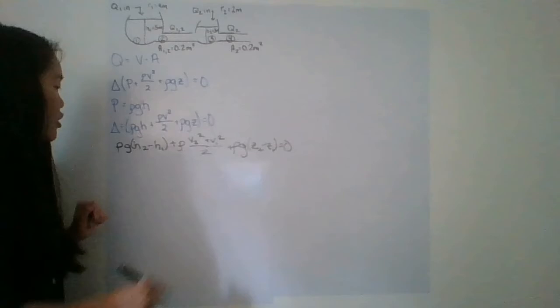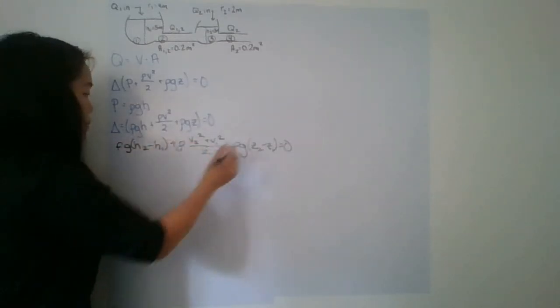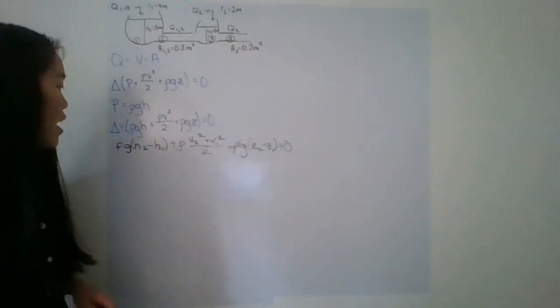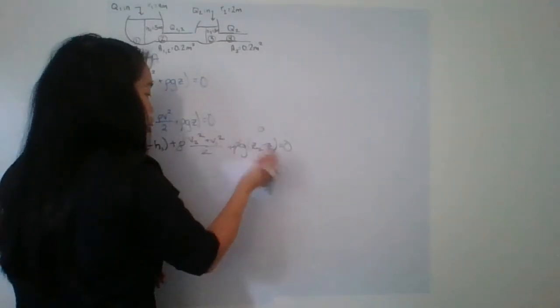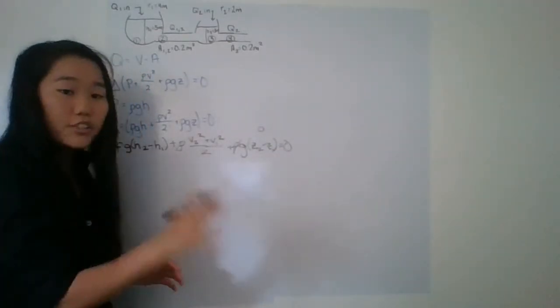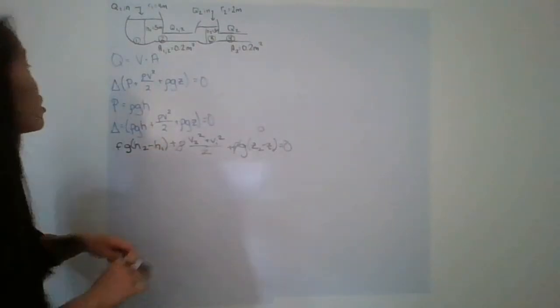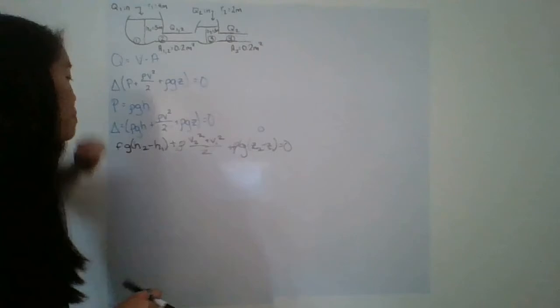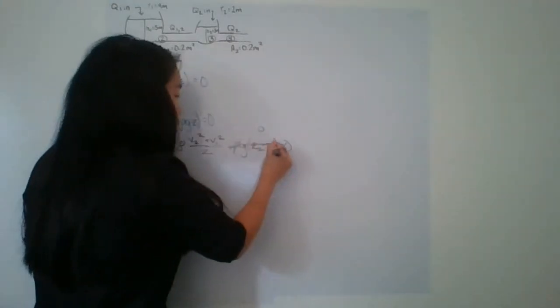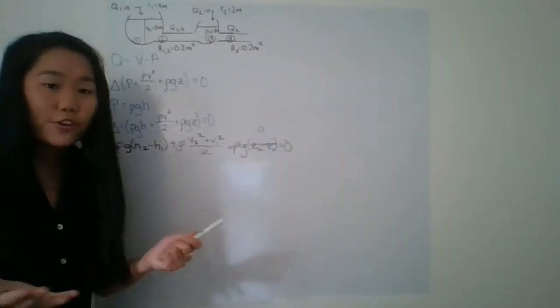So in this equation, the z2 and z1 are equal to each other, since z1 and z2, which represent points 1 and 2, are at the same level in our diagram. So I'll cross out this entire term because multiplying by 0 just gives you 0.